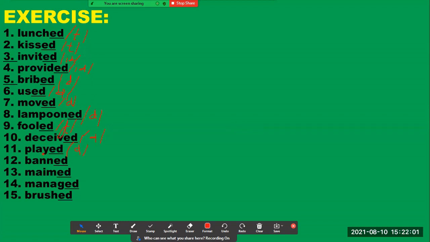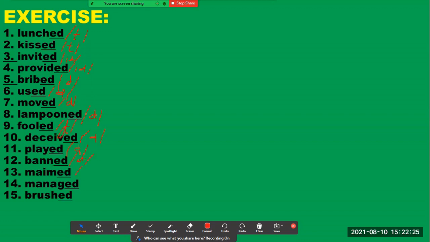And I earlier told you that all vowel sounds are voiced. So what we have here is played. Then banned, again it is D, because it is the sound of N, which is voiced.